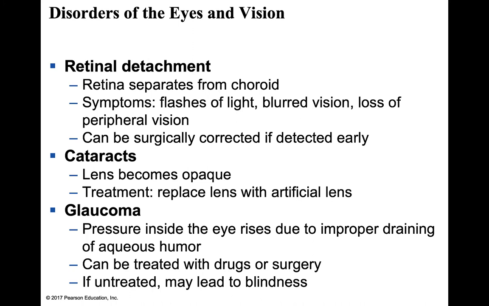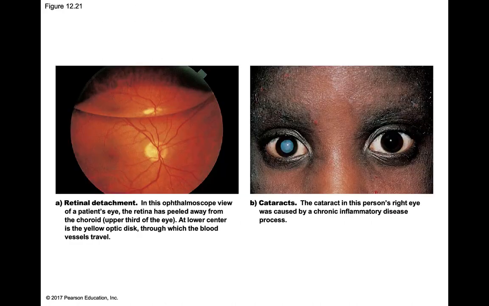Now, glaucoma: when you go to the eye doctor and they shoot that puff of air, really what they're doing is measuring the pressure inside of the eye. If you don't have the right draining of the aqueous humor, pressure builds up. This is treated with drugs or surgery, but if it's not treated, it may lead to blindness.